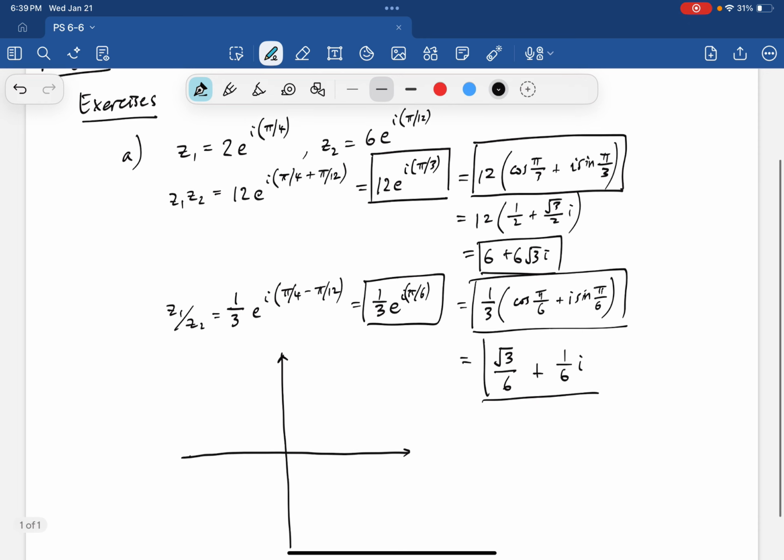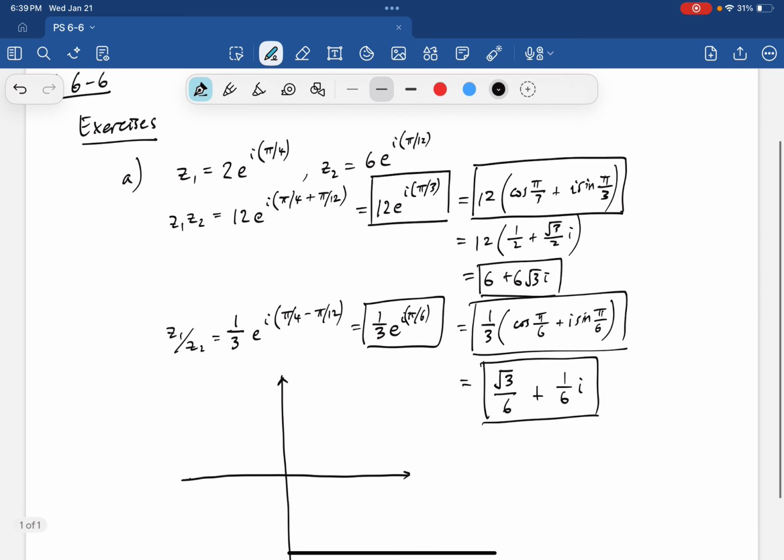All right, and so if I plot everything, z1 is here. Length 2, right? Then z2 is pi over 12, and it's radius 6. So that might be somewhere here.